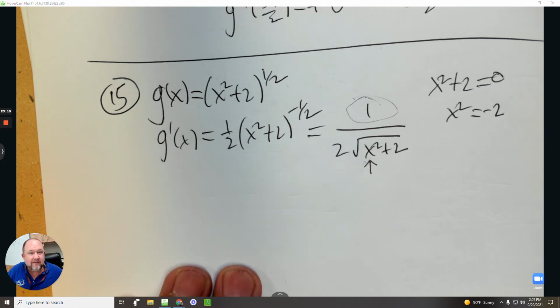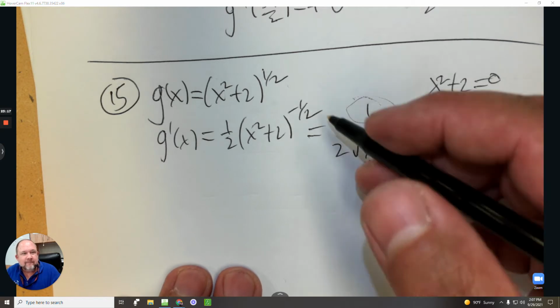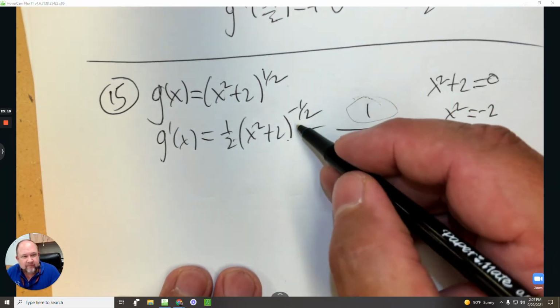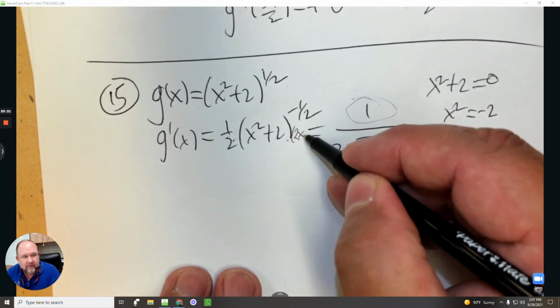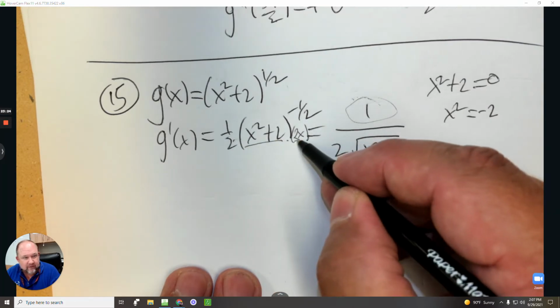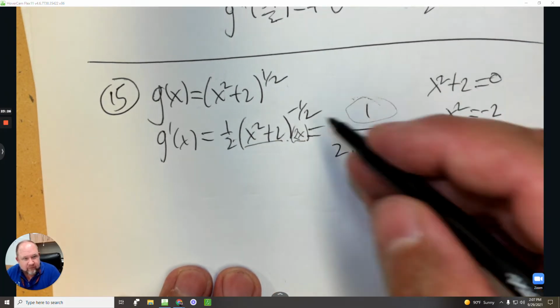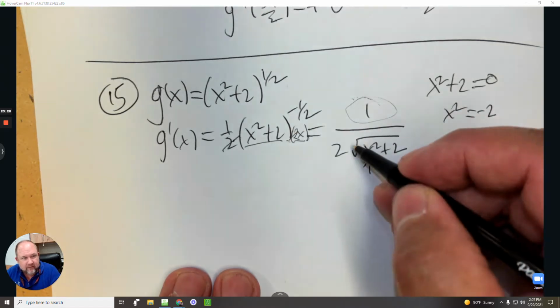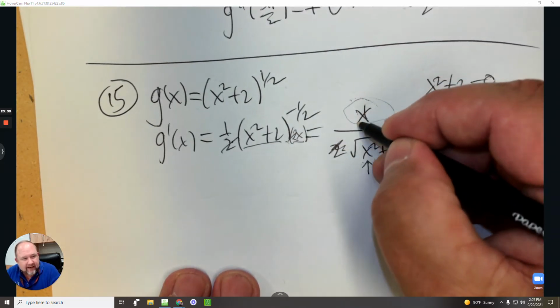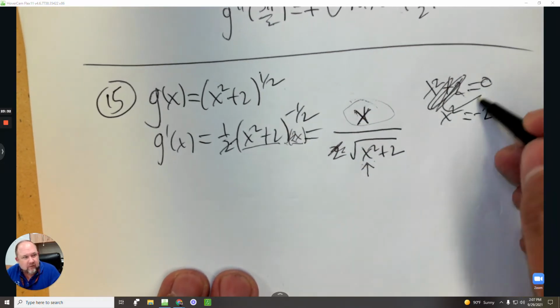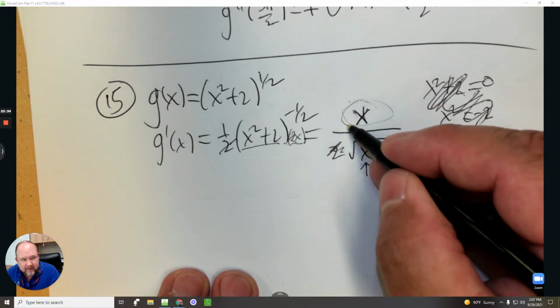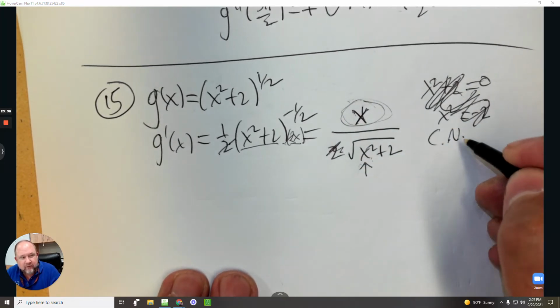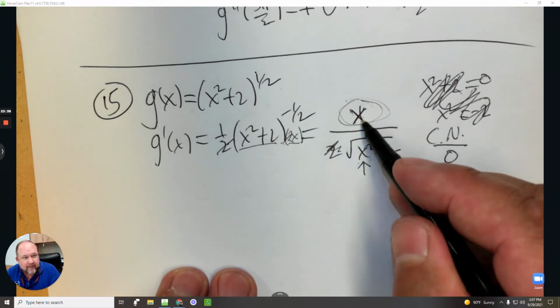Oh, do you know what I forgot? There's a hook. So when I take the derivative here, there's a hook of 2x, right? So if I write it calculus friendly, the 2's cross out, but I still have an x up here. So the denominator's fine, but the critical number there, looking at the numerator, is 0, makes this 0.